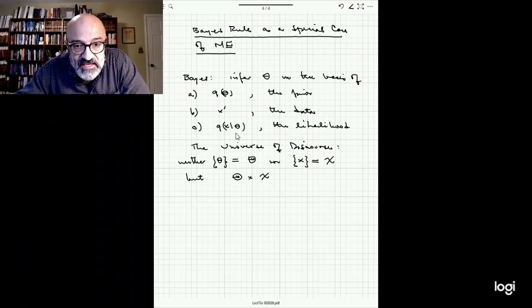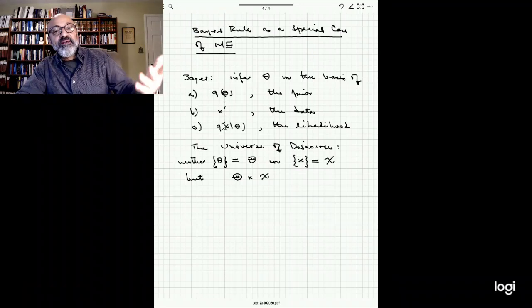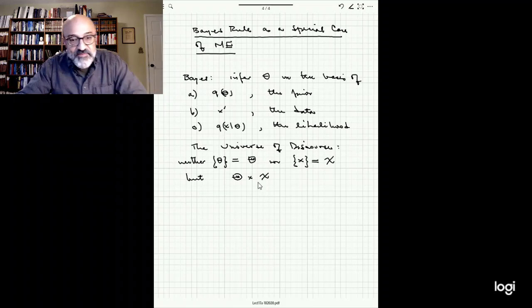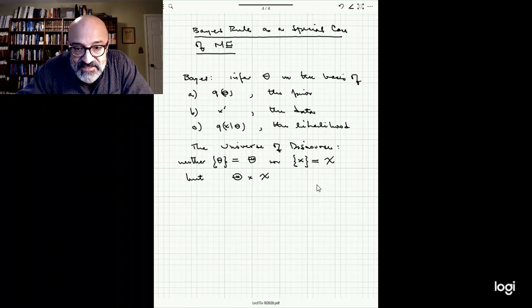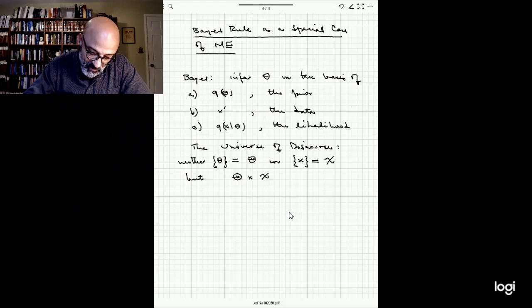The reason is that when you're setting up your problem, not only do you not know what theta is, which is reflected in the fact that you have the prior, so the space of thetas must be included in what you're talking about, but also you do not know what the data is. You don't have it yet. So the space of x's is crucial as well. So the whole space must be incorporated.